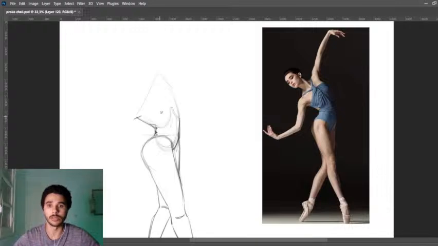And this one goes like this. Okay. Now we have this right here. Very nice shoulder, like it's built.